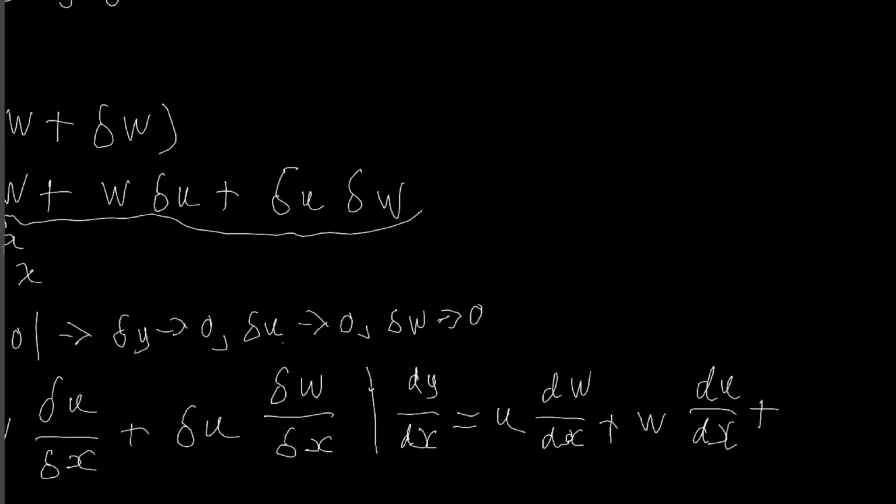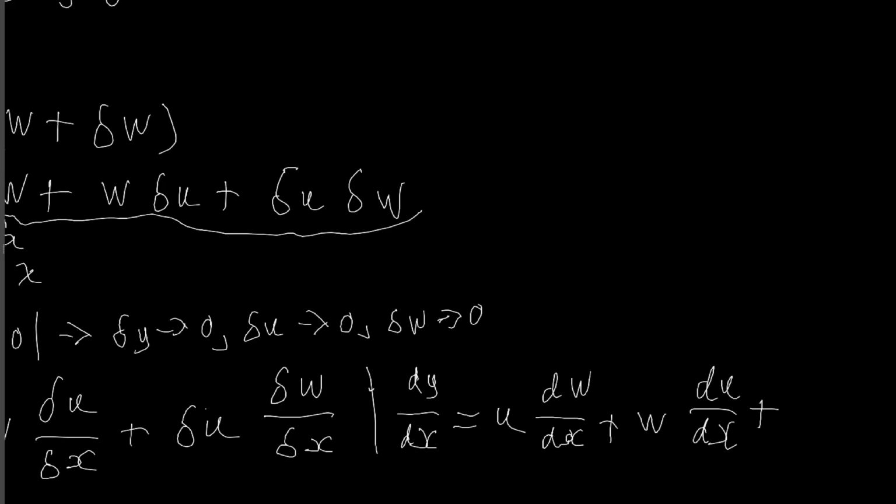There are two different ways that you can interpret this. Either you can consider that since delta u and delta w are both approaching 0, delta u multiplied by delta w will be very, very small in relation to delta u on its own or delta w on its own either.